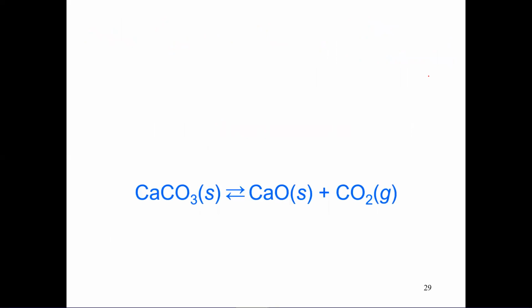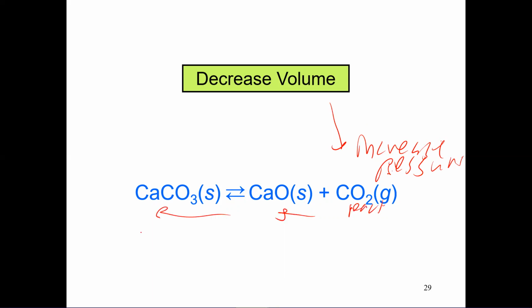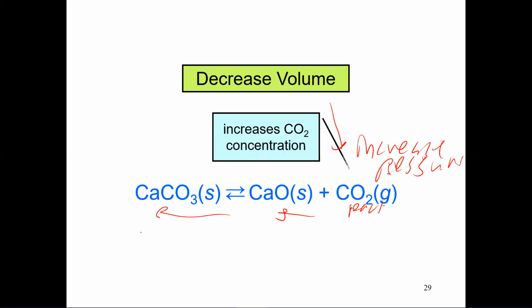So if we look at an example here of calcium carbonate as a solid with a gas on the right, if you decrease the volume, what will that do? That will increase the pressure of this. So more will want to react with this, and so essentially you get calcium carbonate over there.